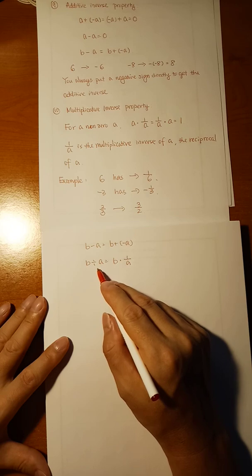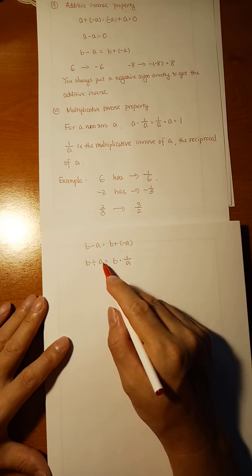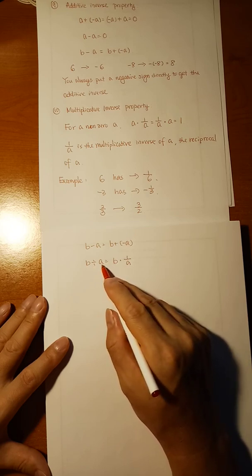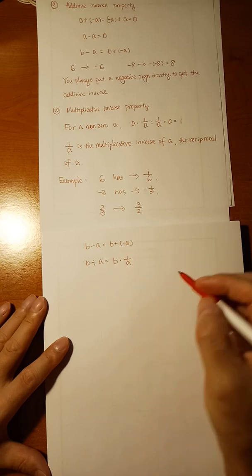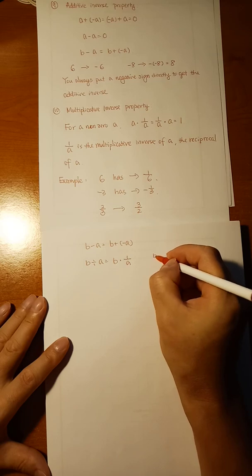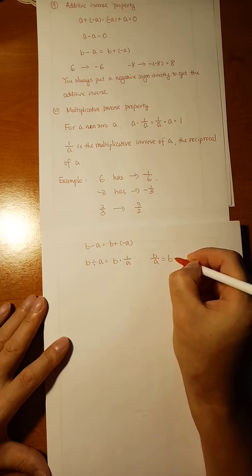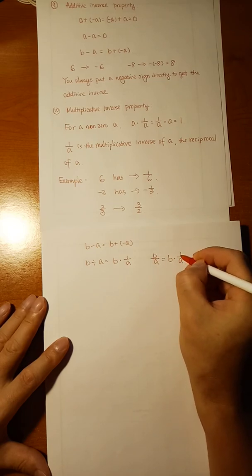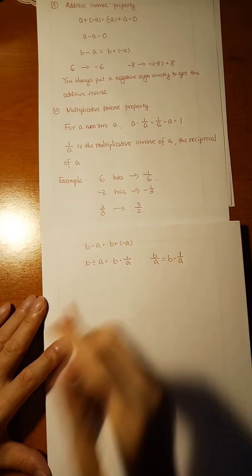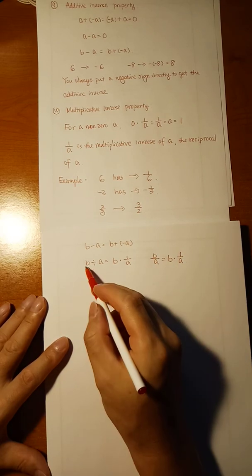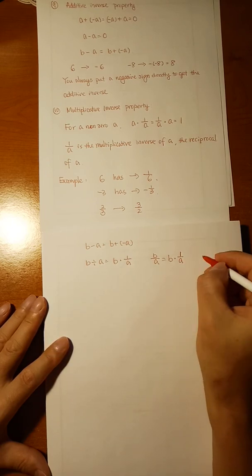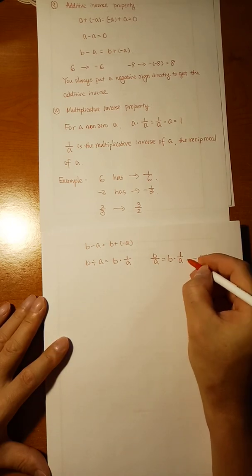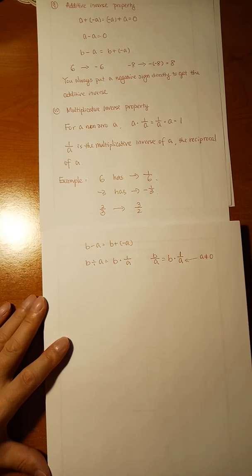So B divided by A is equivalent to B times 1 over A. So you can always write it this way, it doesn't matter how you write it. This is B over A, B is divided by A, the same thing. Of course, in this part, the denominator is not equal to 0. The denominator is never equal to 0.